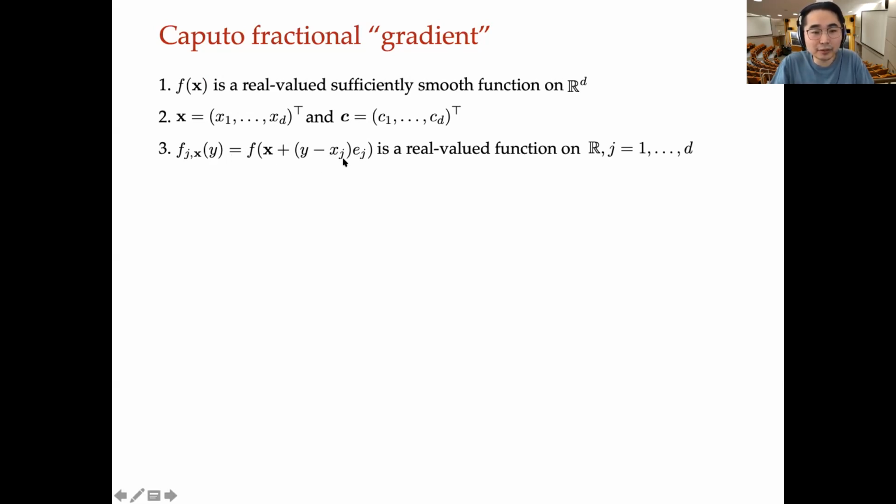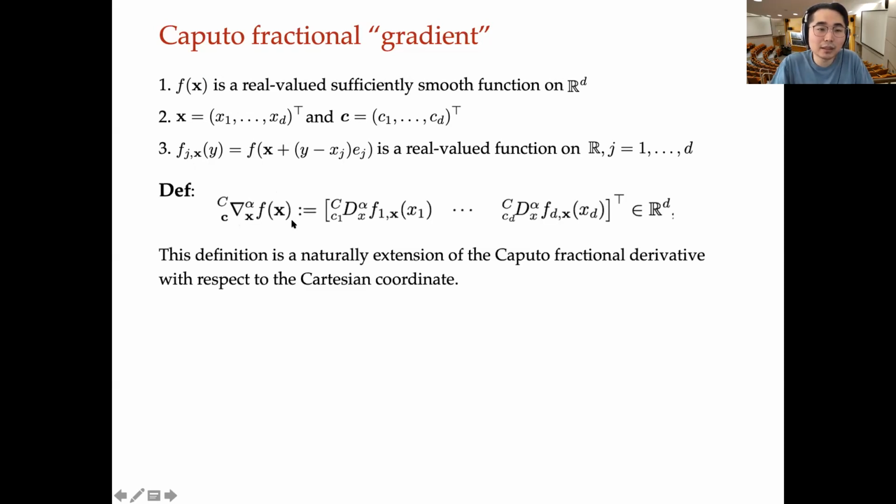Then this is a real valued function, and we have j from 1 through d, so d real valued functions defined on R. Now we can apply the Caputo fractional derivative and get the Caputo fractional gradient. Each component is a real valued function defined on R, and we just apply the Caputo fractional derivative component-wise. This is our notion of the Caputo fractional gradient.